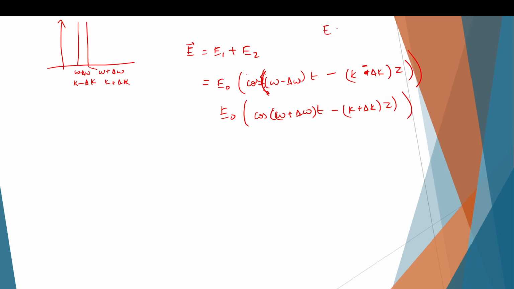I am just writing E equal to E naught cos of omega t minus kz. Using this relation, I am writing it for E1 and E2. E1 has frequency omega minus delta omega and k minus delta k as the k vector, and E2 has omega plus delta omega and k plus delta k.